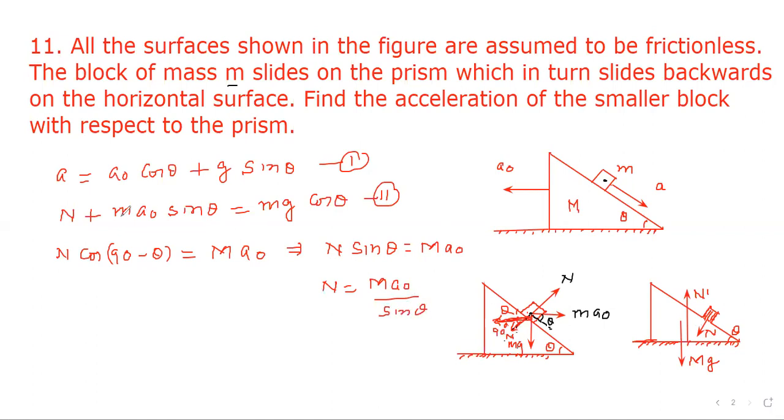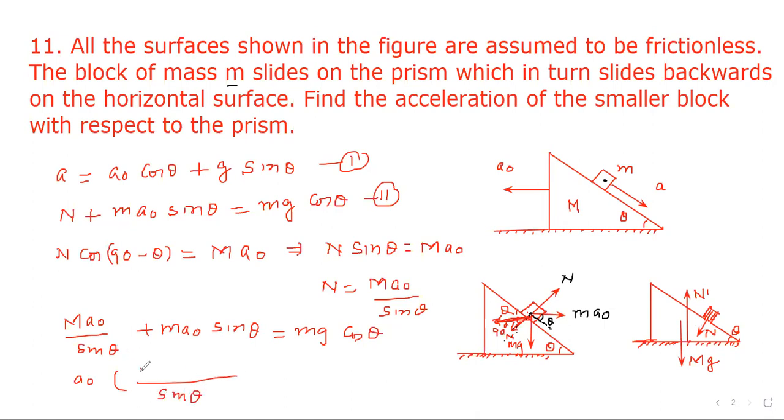We put this value here, so it will become M A0 divided by sine theta plus m A0 sine theta equal to mg cos theta. Now we try to get A0. We take LCM sine theta.